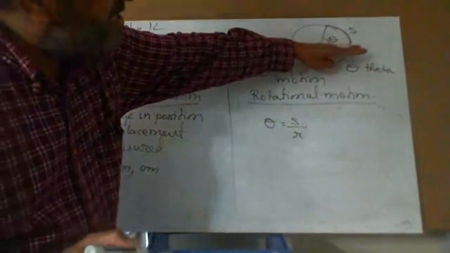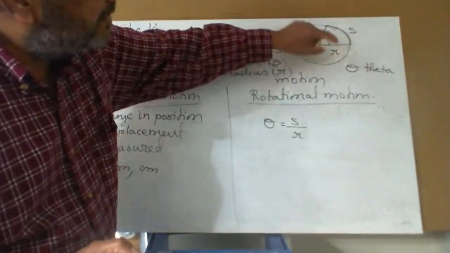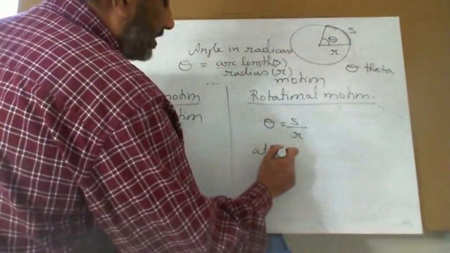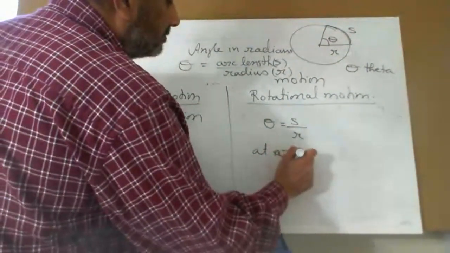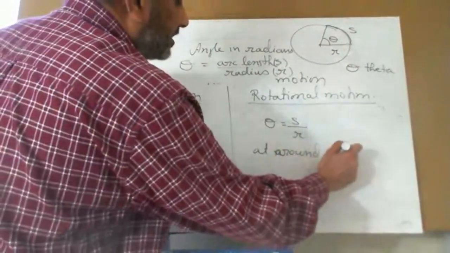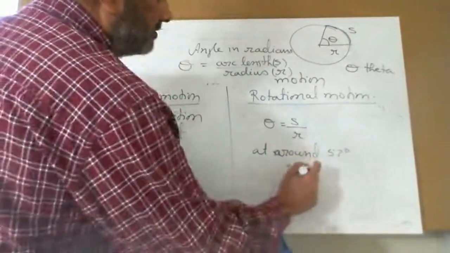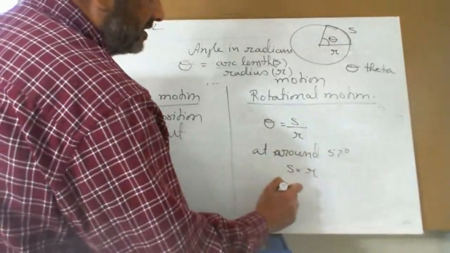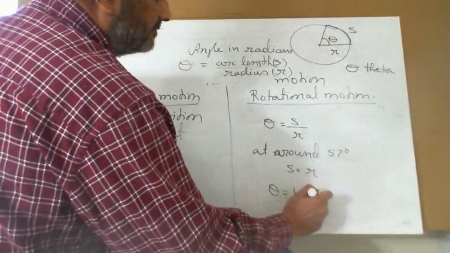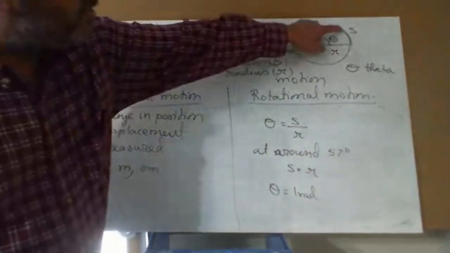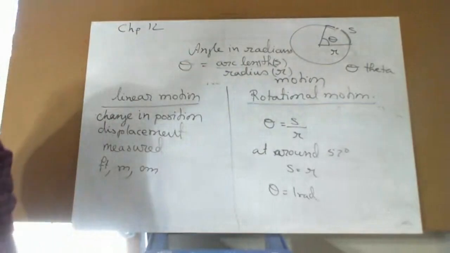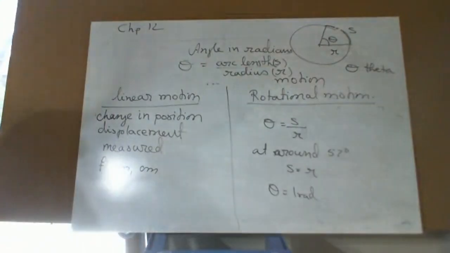And at around 57 degrees, S becomes equal to R. So if S is equal to R, then theta is equal to 1 radian, because if you divide by the same number, you'll get 1. And that occurs at 57 degrees.